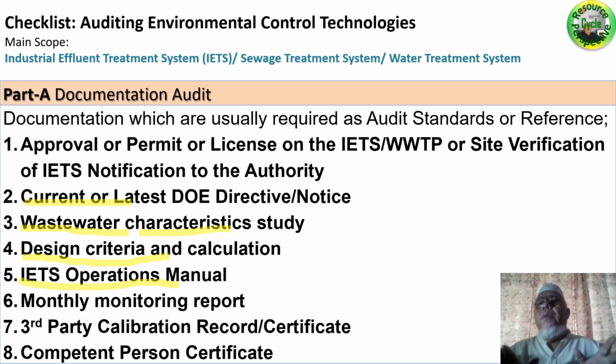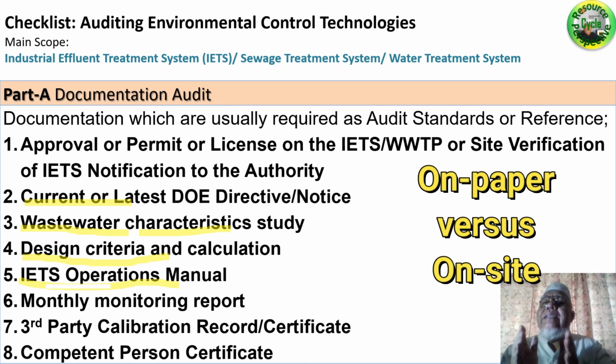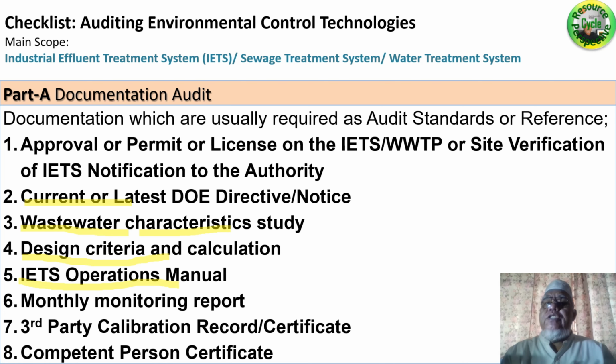What auditors may look for here is to sample one or two instructions and, during the site audit, perhaps test the knowledge of the IETS operators or competent person and cross-check if their explanation matches with what is in this manual. This may justify that they complied with the manual or otherwise.